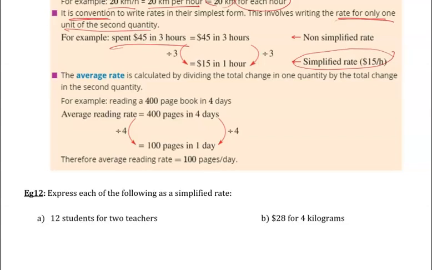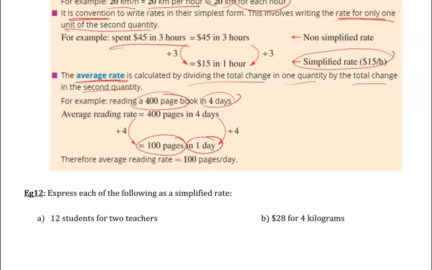We can find out the average rate. So if you're spending $45 in 3 hours, you might spend $20 in the first hour, $5 in the next, it doesn't matter. We just found an average. It doesn't mean you spend exactly $15 in each hour. But we can find that average rate by dividing the total change in one quantity by the total change in the second. So if I read a 400-page book in 4 days, I'm going to read 100 pages per day on average.